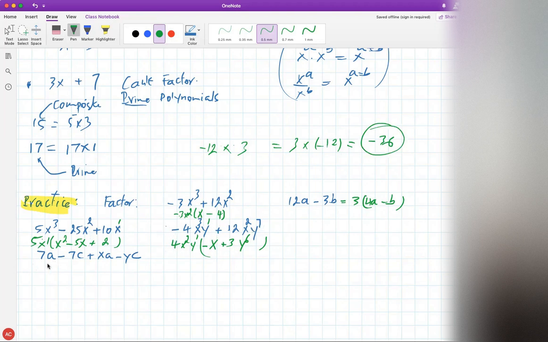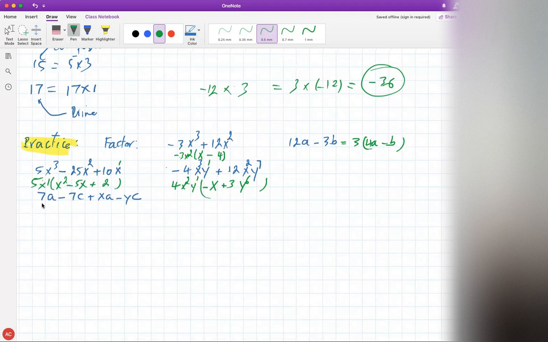That's good. The last one here. What do we do? First step, there is no common factor, so we use grouping.